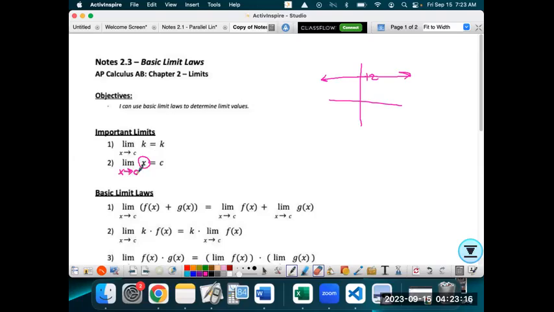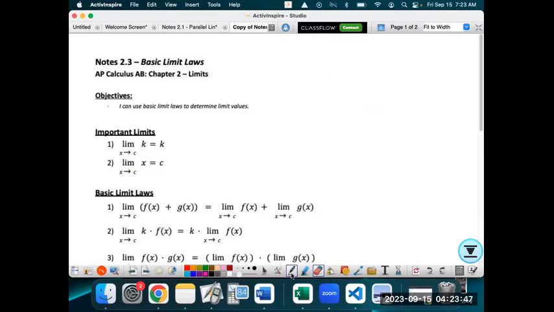And that's why I said it has to be just a plain X, no power on it, no coefficient. You're basically just allowed to evaluate that plain X function at that C value, which hopefully should make sense because we're basically looking at evaluating the function Y equals X. And we all know what that looks like. So those are the two most important ones that you will be using all the time.